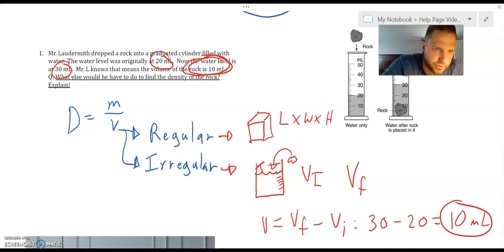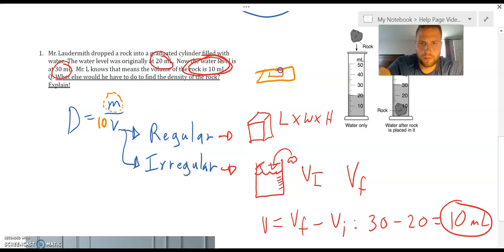So we'll throw in a little 10 here at our ratio so we remember. And now we're ready to tackle the final piece of the problem. What else would we have to do to find the density of the rock? Well, we know that what we have left is find the mass. So what we would definitely need is a balance, right?